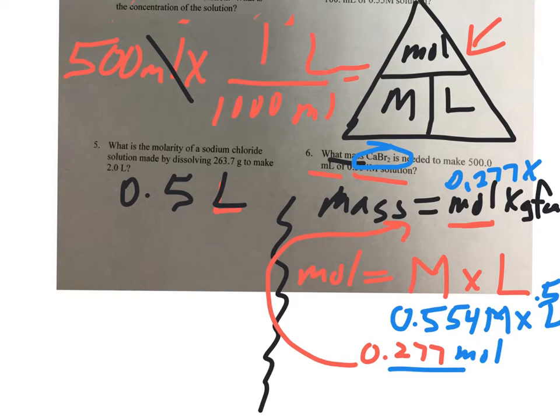Look at your periodic table. Calcium weighs how much? 40. Very good. Bromine weighs how much? 80. Okay, and I have two of them, right? So it's going to be 160. So what's my GFM? 200. Very good. So now what's your next step?